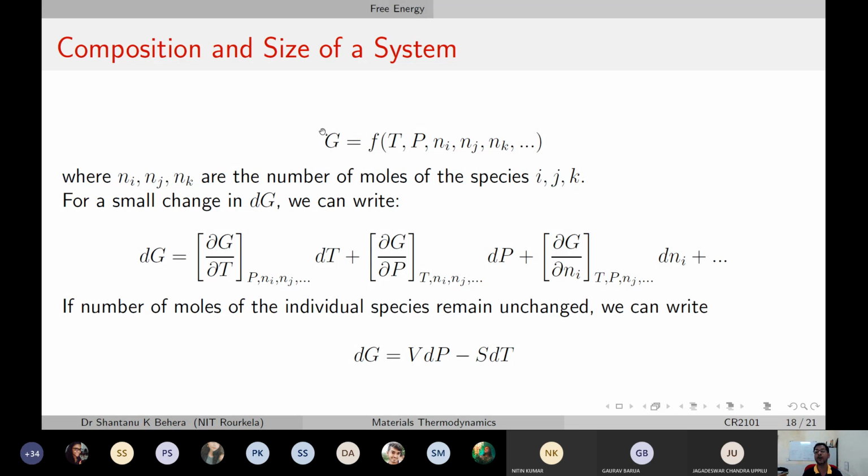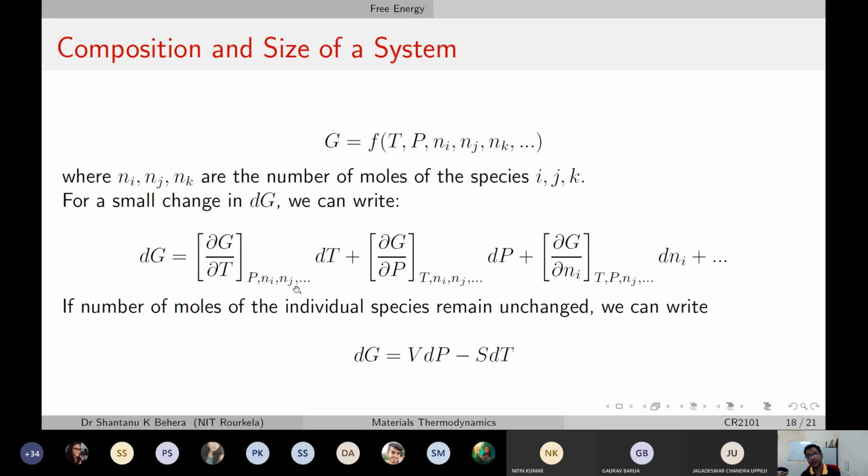And when you talk about the average price of a fruit in the basket, that would become G by the number of moles present here. That's a molar free energy. So what's the overall change if one fruit is added to the system?